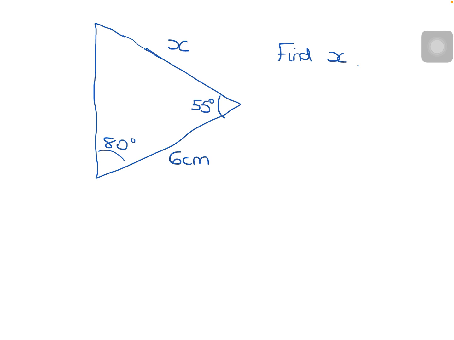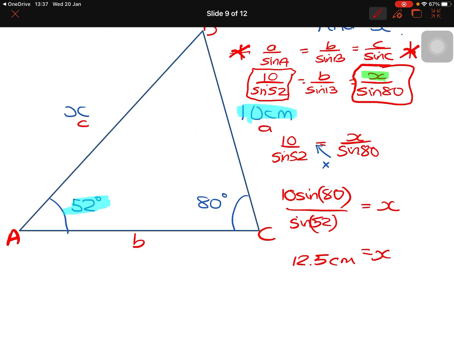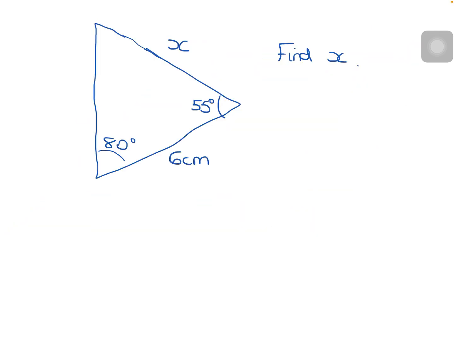However, we can make it so that we can find a matching pair. If I look carefully, what you see is I've got two angles. Now I know that angles in a triangle add up to 180, so what I can do is find this missing angle. So I know this missing angle must be 180 minus the two added together.